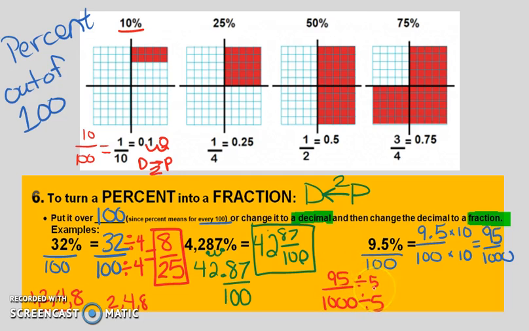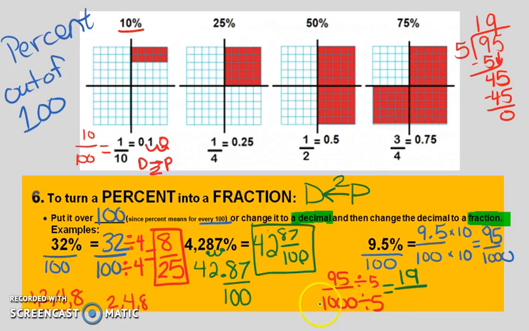I'm going to have to go to the side and do a little calculation. So I'm going to start with 95 divided by 5. 5 goes into 9 only one time, with 4 left over. 5 goes into 45 9 times equally, so I can stop dividing. So we can see that the numerator is 19.